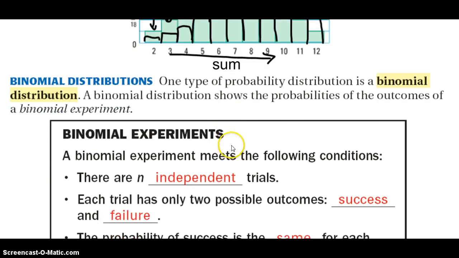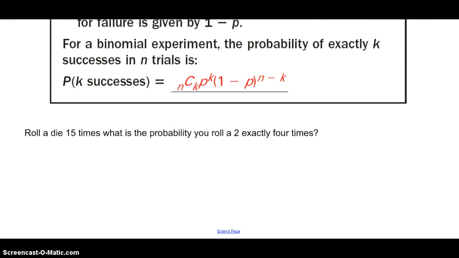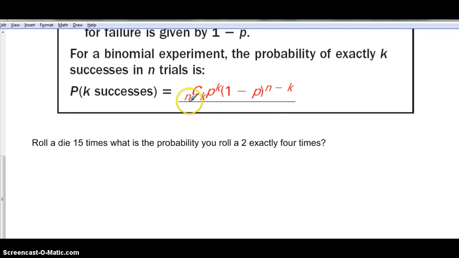That's what I've asked you, and we took notes on this on, I guess it was Friday. But the idea is that here I've asked to calculate a probability of a specific thing. So remember, n is the total number.